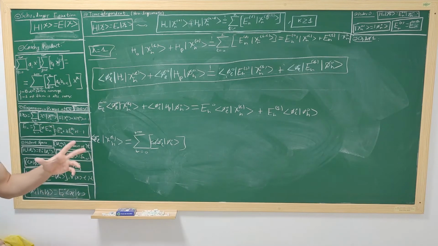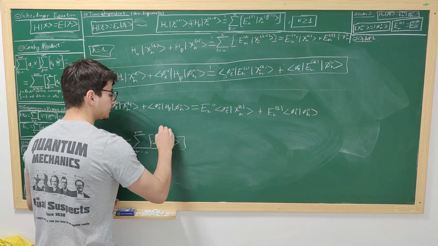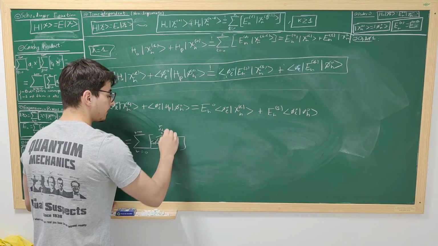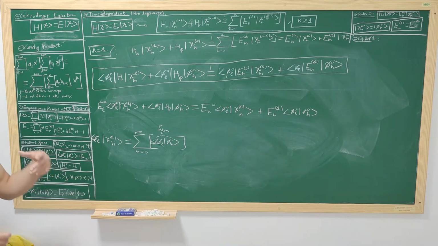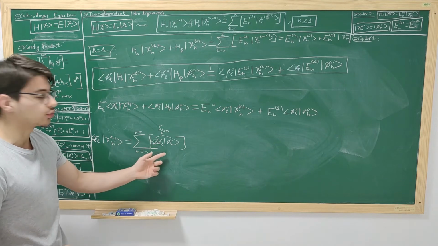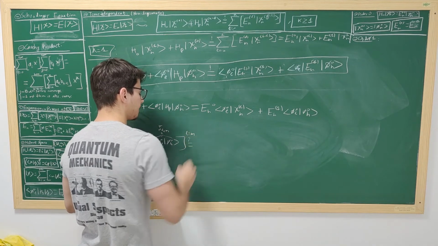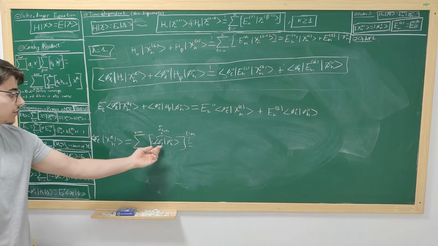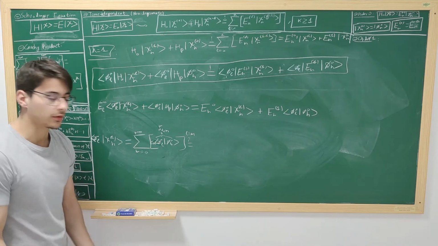But hey, this is an orthonormal basis. This is just our Kronecker delta. So the only terms that are not 0 are the ones where m equals L. Otherwise, everything will be 0 because the two basis elements are orthogonal.